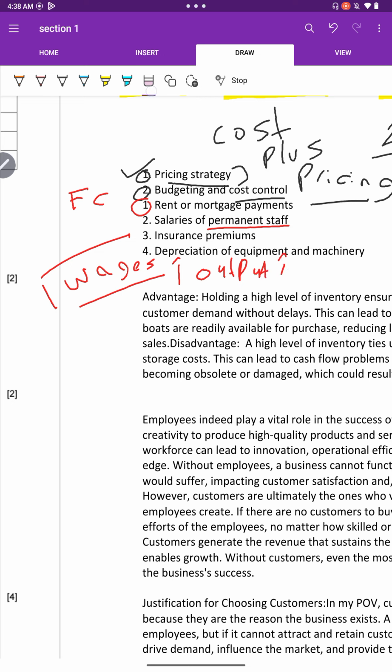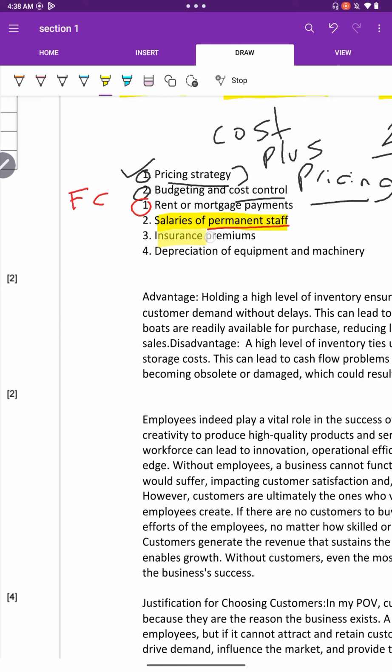So if the output is increasing and that's why the wages are also increasing, this would not be your fixed cost. This would be a variable cost. That's why I've written here that salaries of permanent staff is part of fixed cost.